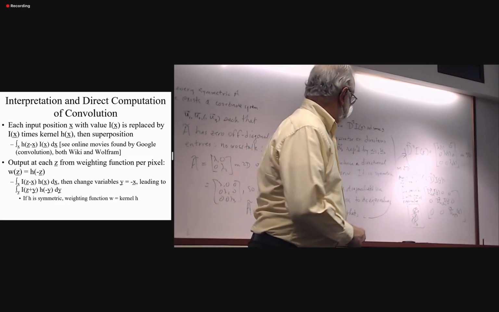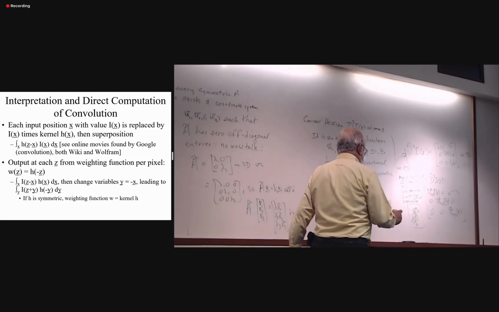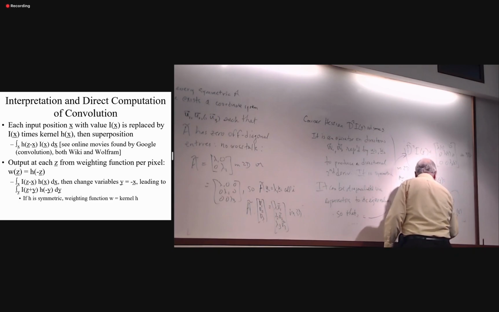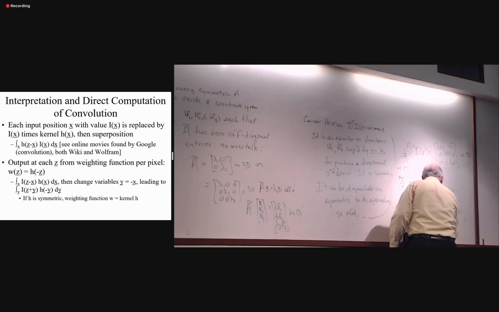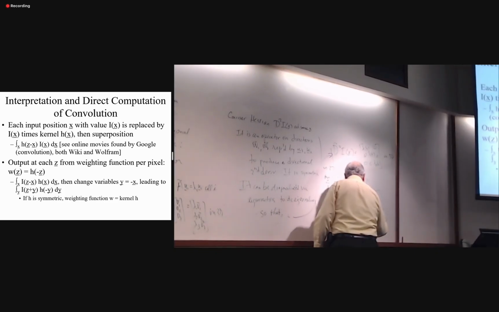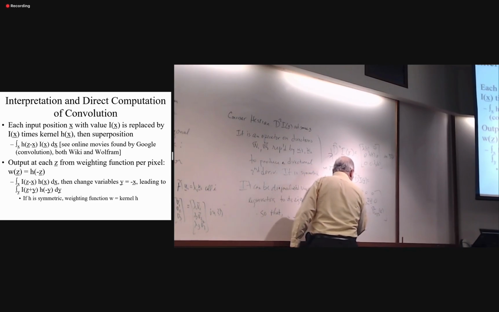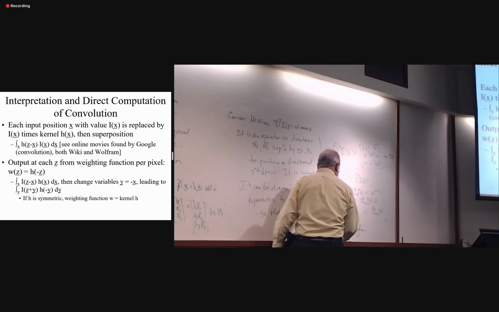Okay, what you're doing is you have a kernel which looks like this in cross-section. It's a dark bar with a little bit of side lobes.